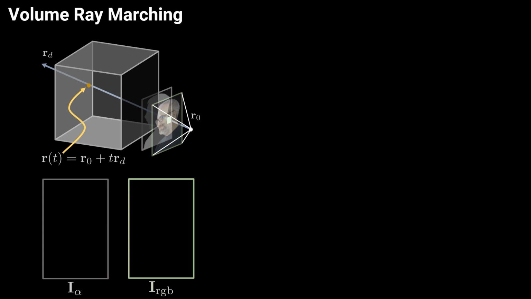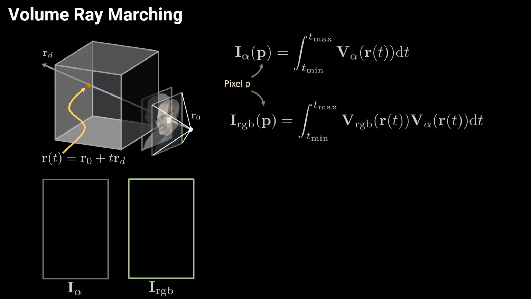In this diagram, R0 is the camera center, RD is the ray direction, and R of t is a position along the ray. The ray marching procedure produces two images. One is an opacity image, which allows us to map the rendering with other objects, and the other is an RGB image. The idea is that for each pixel, you integrate opacity along that ray to generate the output opacity image, and integrate color times opacity along the ray to generate the color output image.